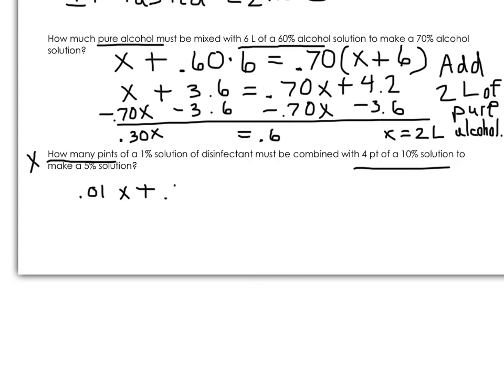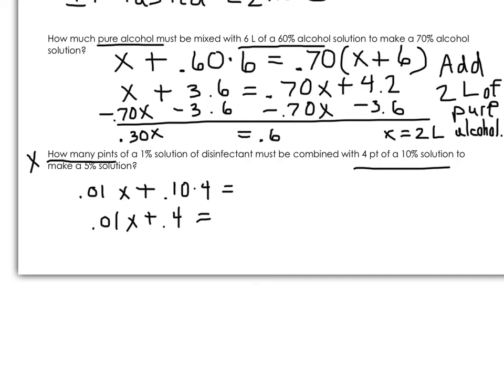Be careful, when you change 10% to a decimal, it's 0.10. 1% is 0.01. 10% is 0.10. 0.10 times 4 will give us the pure disinfectant in that solution. 0.10 times 4 is 0.4 pints. So we have 0.01x plus 0.4 pints.